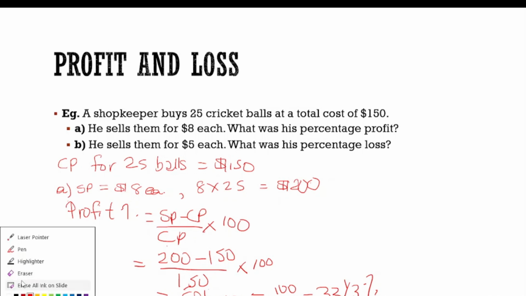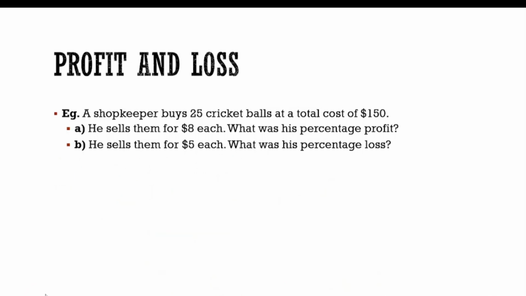Let's have a look at the second question, part B. In part B, he sells them for $5 each, and we are to determine what his percentage loss is. So again, we write out the information that we have.